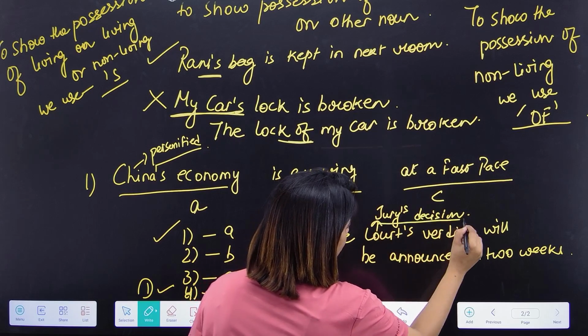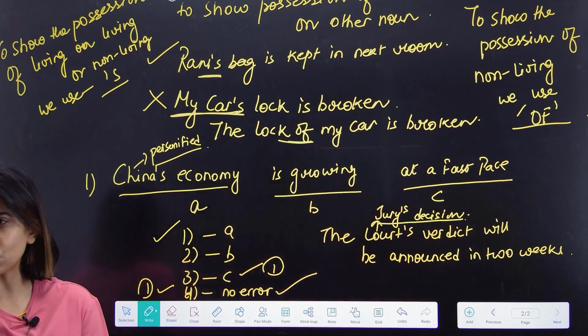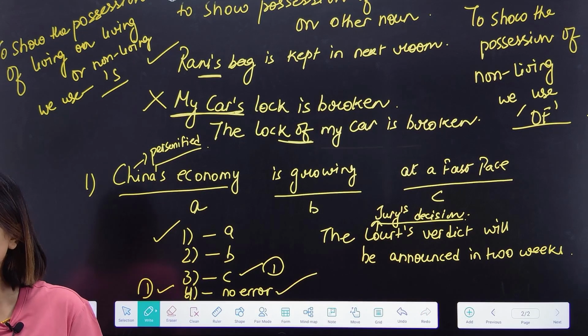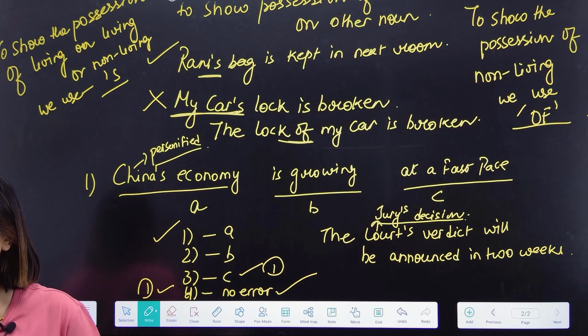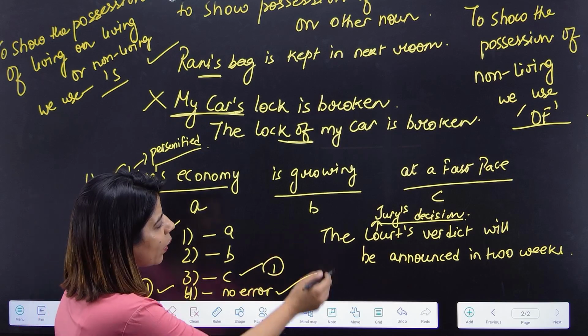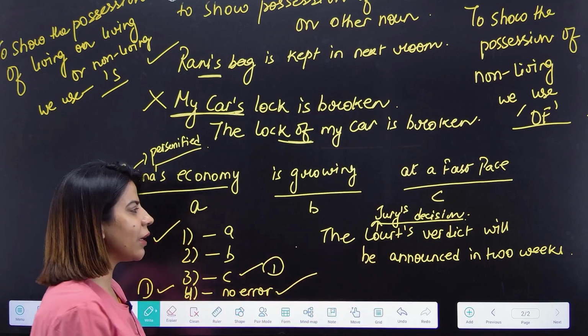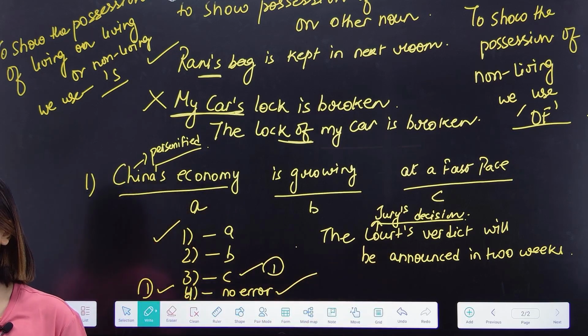When I say jury's decision, तो jury's decision is obviously correct क्योंकि लिविंग है. यहाँ पर कोर्ट में भी कौन डिसीजन लेता है? ज्यूरी लेती है. दीवारें थोड़ी लेती हैं कोर्ट में डिसीजन, ज्यूरी लेती है. इसलिए नो एरर. कोर्ट्स वर्डिक्ट विल बी अनाउंस्ड इन 2 weeks.